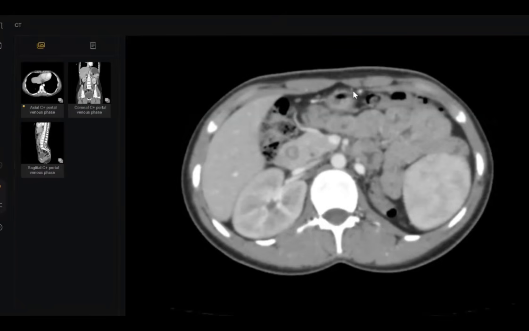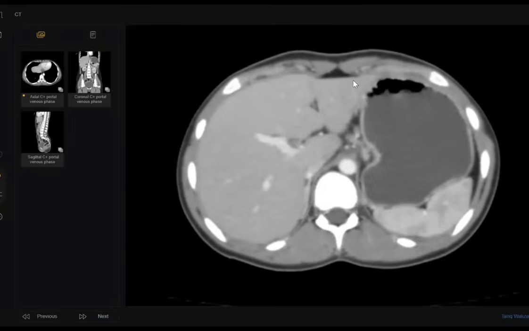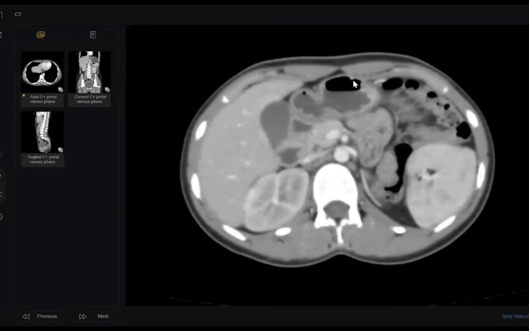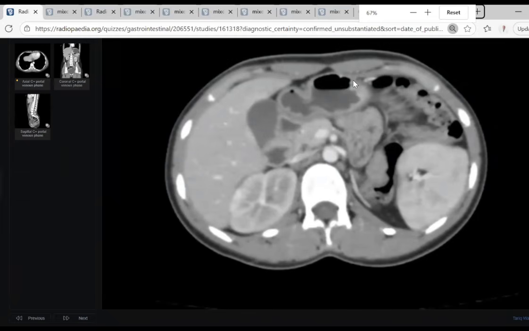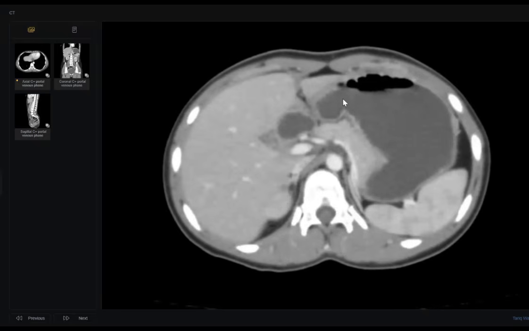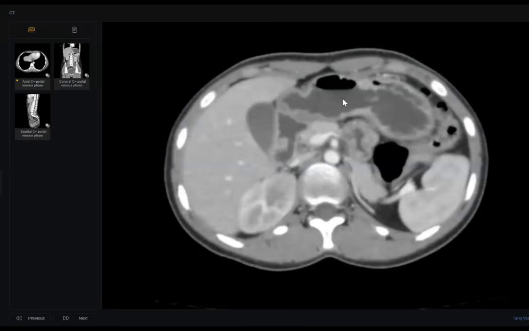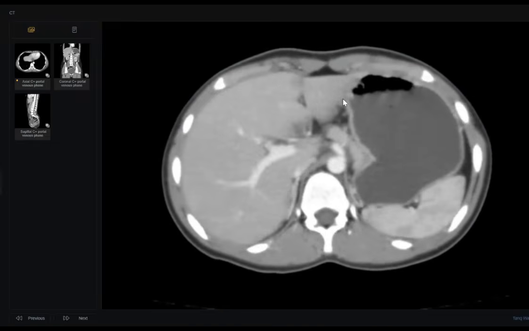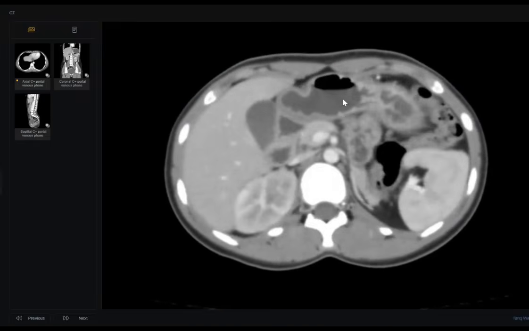Let's start again. No pre-contrast, just these axial images only. Suppose that the examiner will not give you any other sequences. He will tell you, no, this is enough. Go on. Sir, can you show me again?